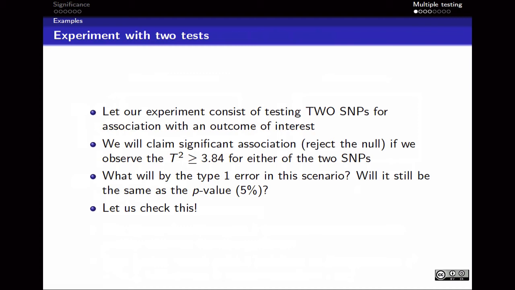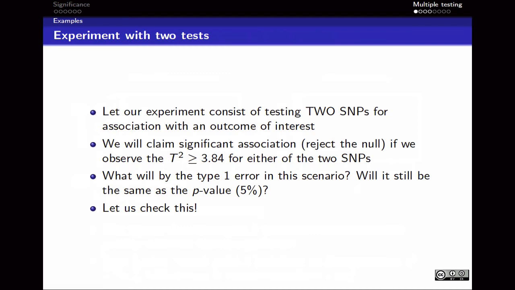If we get it for both SNPs, we also say there is association, right? So the p-value is still 5% because the probability that the score test will have a value more than 3.84, the probability over the chi-square distribution, would still be 5%. But what will be the type 1 error in this scenario?